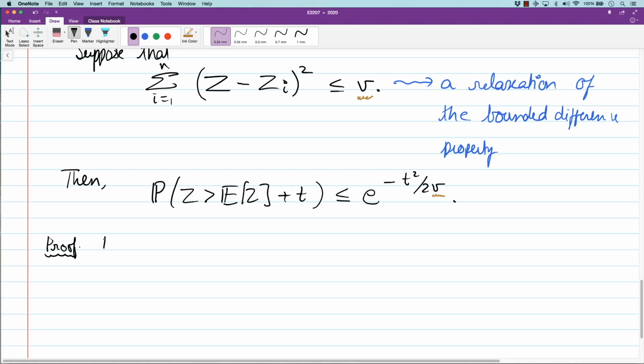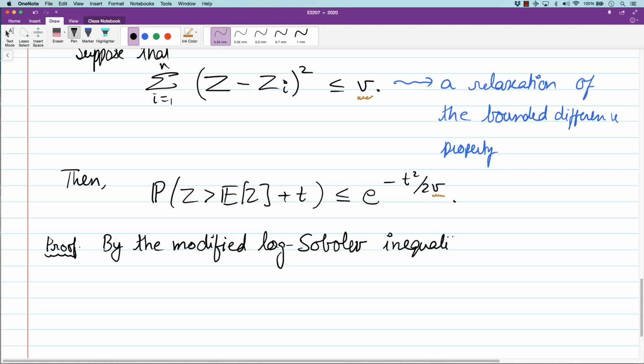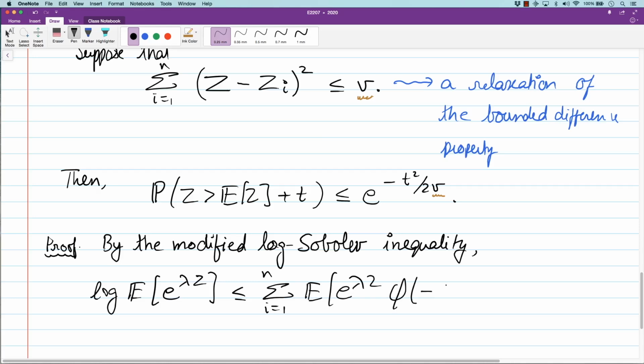So we start with this modified log-Sobolev inequality. Log expected value of e to the power lambda z is less than or equal to the summation i equal to 1 to n of expected value e to the power lambda z phi of minus lambda z minus zi.